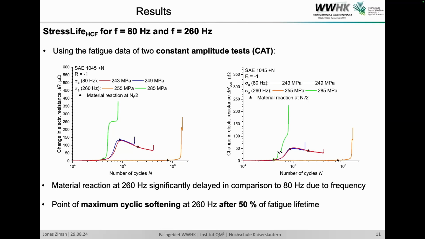And the point of maximum softening is also always after 50% of the total fatigue lifetime at 260 Hertz. It's also observable that the cyclic hardening occurs over a very long cycle range for 80 Hertz, about 100,000 cycles, while it is only about 30,000 to 40,000 for 260 Hertz.